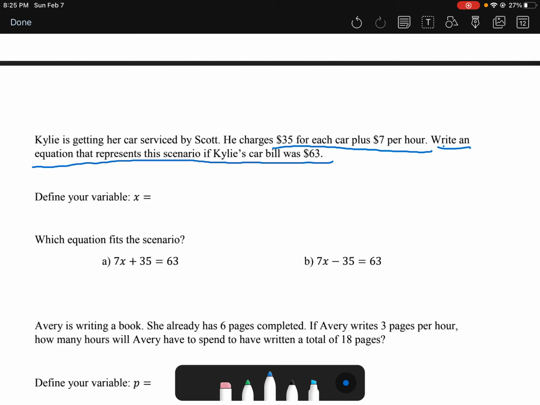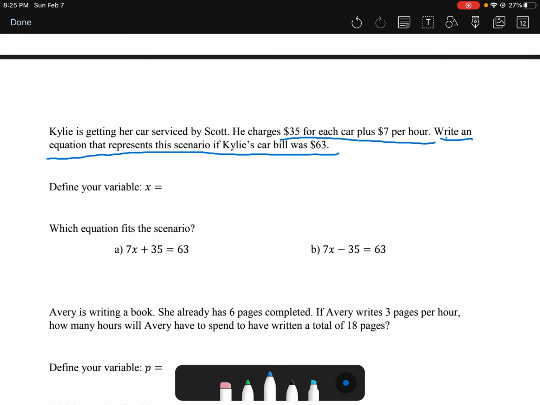But if I look at the 2 equations that they gave us, I know that I'm going to be taking my variable and multiplying it by 7. So whatever the 7 is, we know that they're going to have to be interacting with one another. So looking at that, I have $7 per hour. So X has to mean the number of hours that it was being serviced.